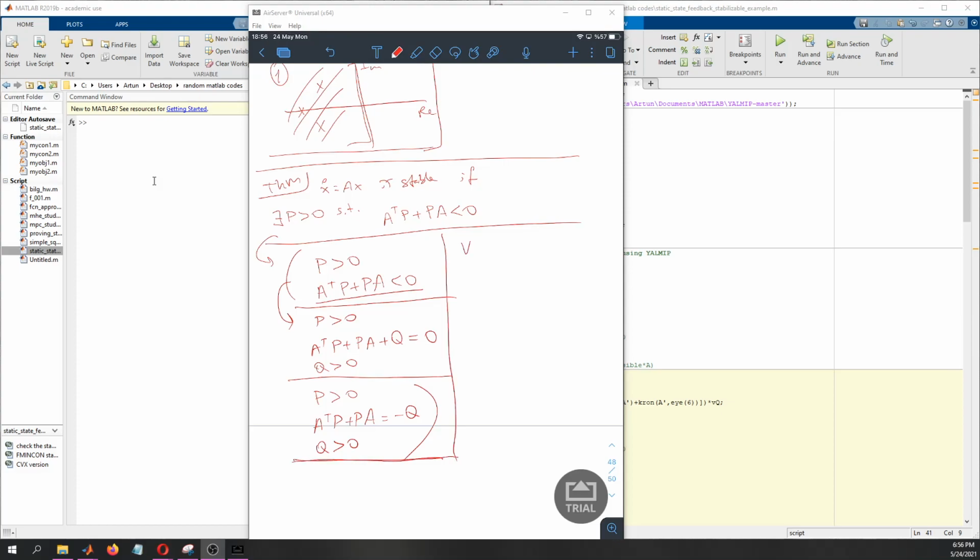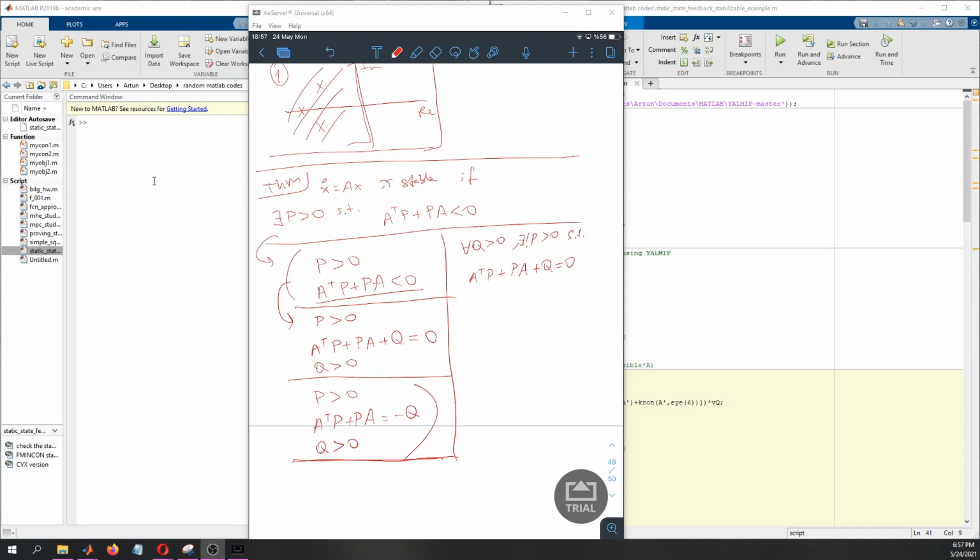For any given Q, there exists a unique P, positive definite, such that A transpose P plus PA equals minus Q is satisfied.